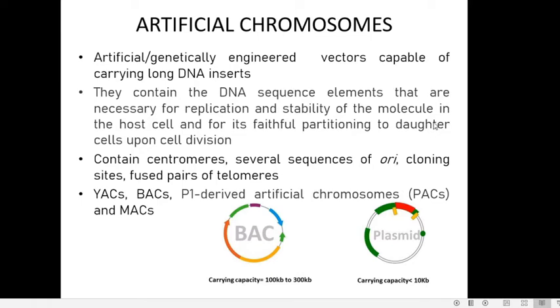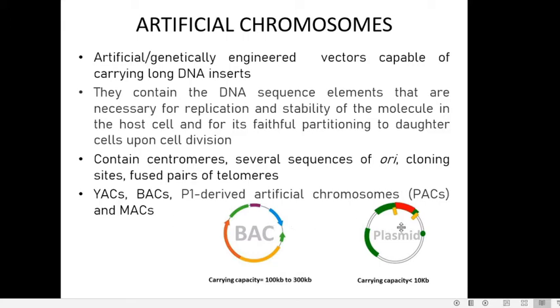So this is a general discussion on the different types of artificial chromosomes, and the examples are YACs, BACs, P1 derived artificial chromosomes or PACs, and MACs. YACs are yeast artificial chromosomes, BACs are bacterial artificial chromosomes, then MACs are mammalian artificial chromosomes. So here we can have a comparison.